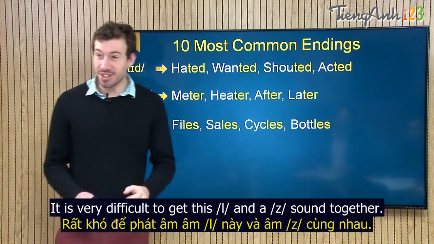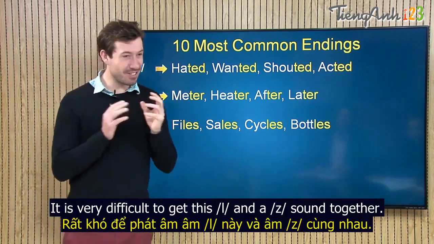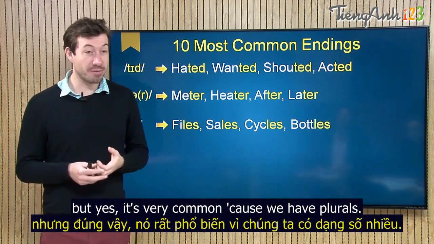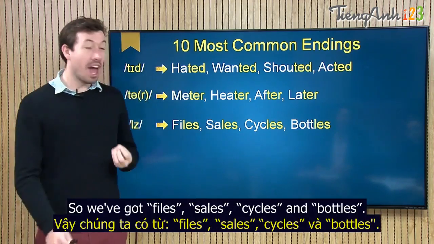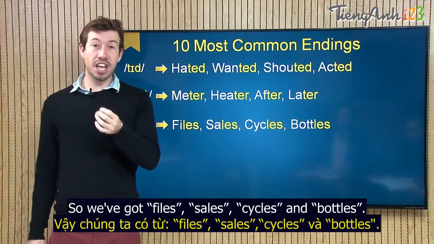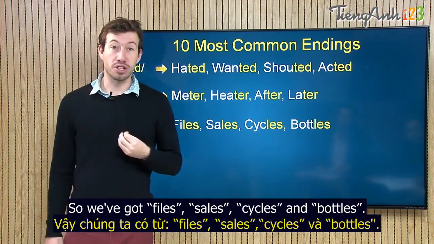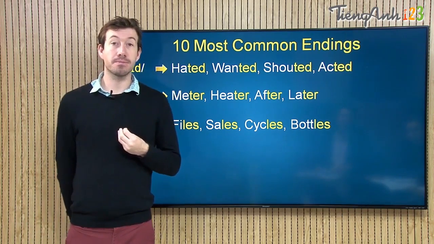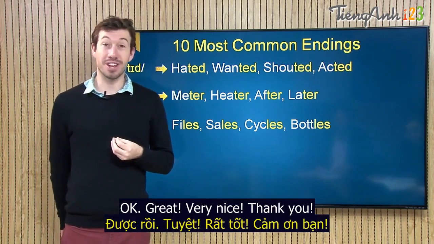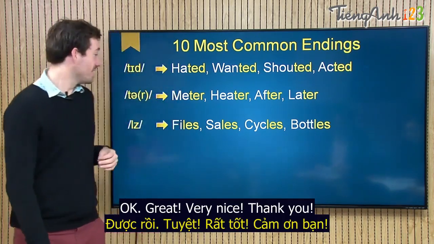It is very difficult to get this "ooh" and the z sound together. It's really hard, but yes, it's very common because we have plurals. And let's try it here. So we've got files, sails, cycles, and bottles. Okay, great, very nice, thank you.